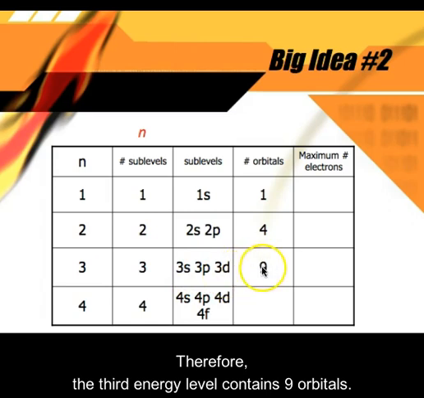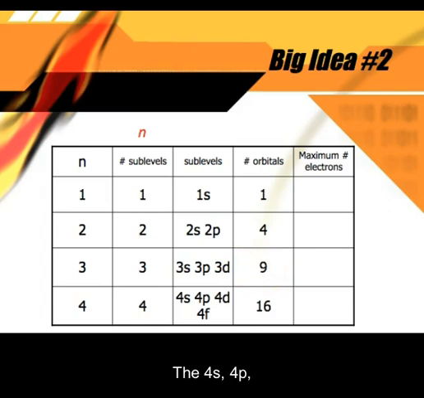Therefore, the third energy level contains 9 orbitals. The 4s, 4p, 4d, and 4f sublevels contain 1, 3, 5, and 7 orbitals respectively. Therefore, the fourth energy level contains 16 orbitals.